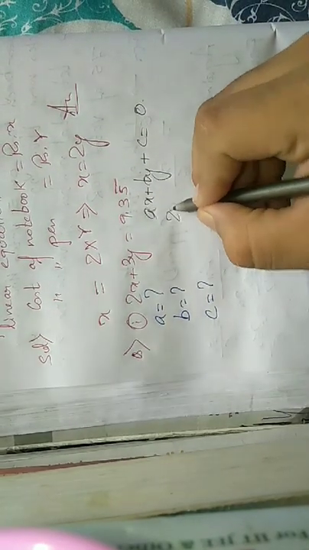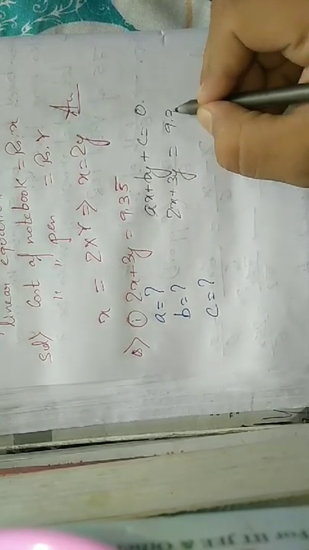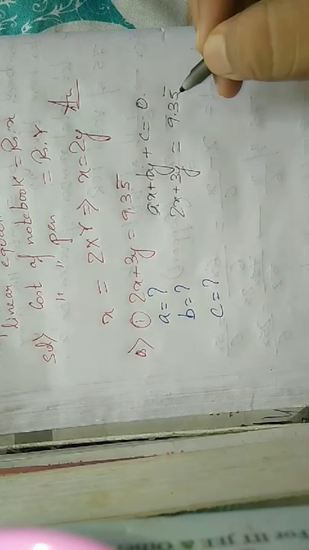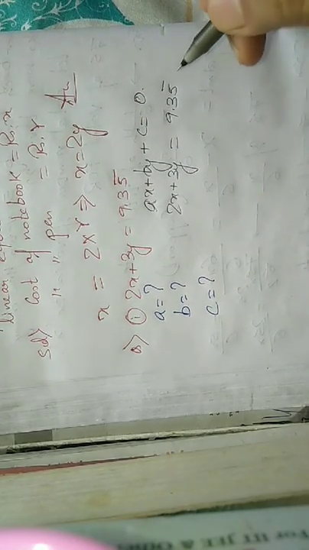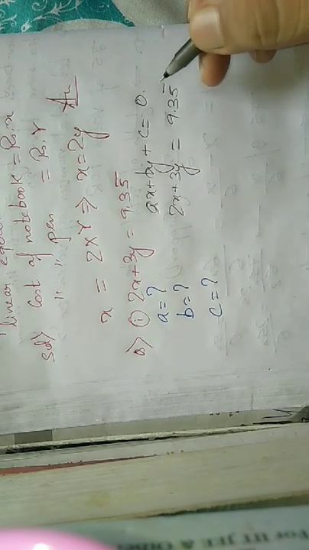If we compare it, 2x plus 3y is equal to 9.35, and 5 has a bar, meaning 5 is repeating itself. Students may feel that 9.35 bar is difficult and miss the question. No, nothing like that. It's a simple constant. Just treat it like a constant.